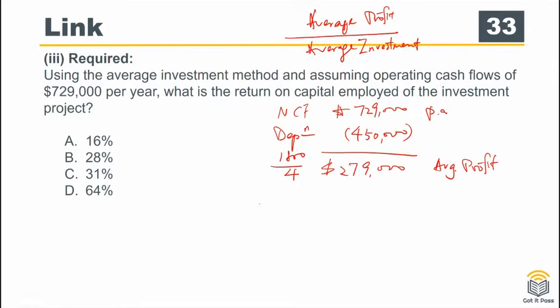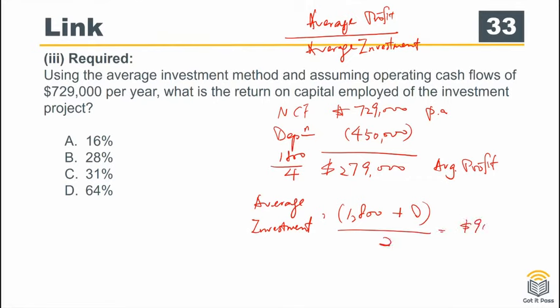And for average investment, it is 1.8 million. Any scrap value? No. So take the average. It means the average investment is 900,000.